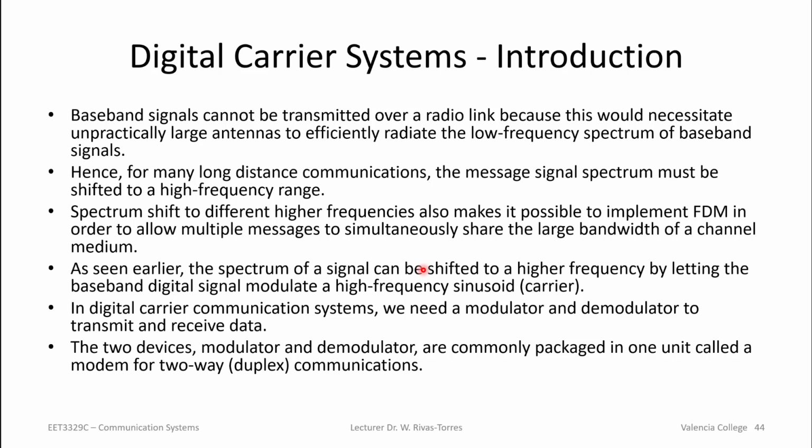So, digital carrier systems. We talked about all the baseband stuff, and that pretty much covers it. We know that baseband signals cannot go over a radio link or wireless channel, because otherwise we need those gigantic antennas that we saw at the beginning of the course.